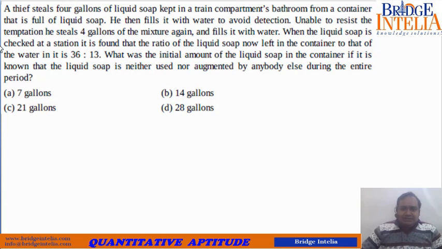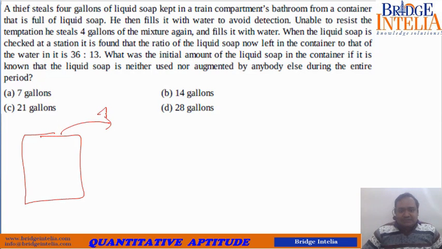So basically there is a container which is full of liquid soap, and from this a thief is stealing 4 gallons. He then fills it with water to avoid detection. That means he does not want to get caught, so he makes the volume the same. He refills it with water.